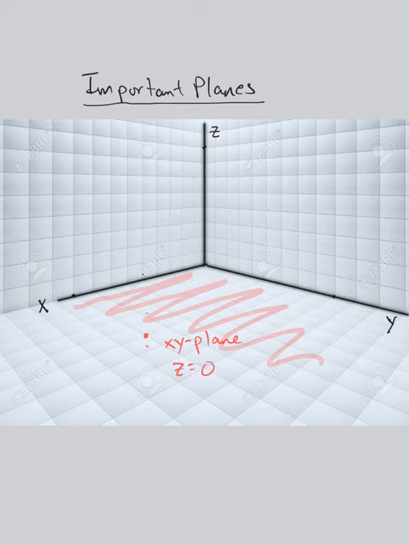xy plane. Okay, and then we have these two other planes that are the other walls. All right, and so we have this plane right here. Okay, that wall, if you want to think about it for now. Okay, what two axes are determining that plane, y and z? So we would call this the yz plane.